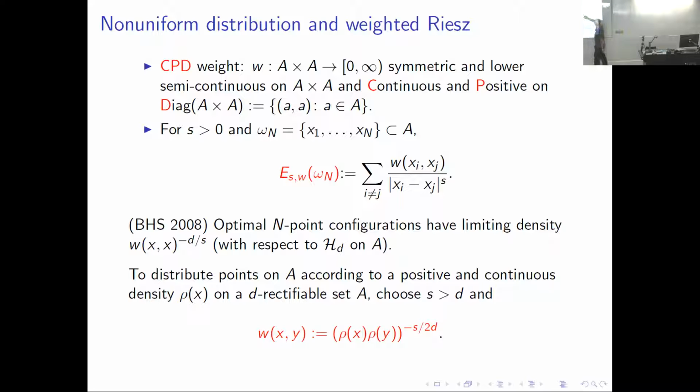First of all, if we add a multiplicative weight, what we really need is that when xi and xj are close, we need continuity and positivity to preserve the repelling nature of this. Then it's not too hard, when S is bigger than B, in this short range case, to establish that we get points distributed with density rho. I'll show some pictures in a second.